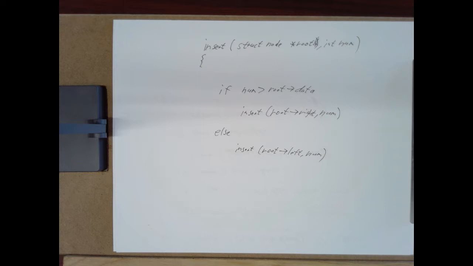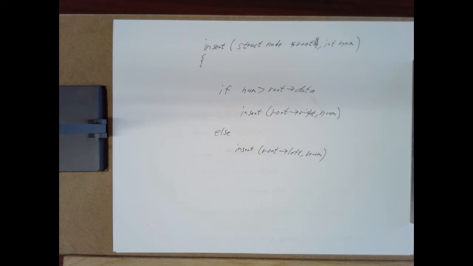Now that's not going to actually work, but it's the right direction, right? We want to insert into one of our two subtrees, depending on how our number compares to the root. But we got to do a little more work than this.